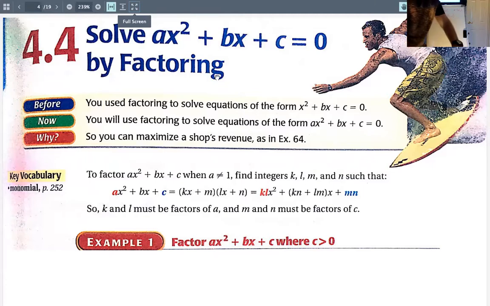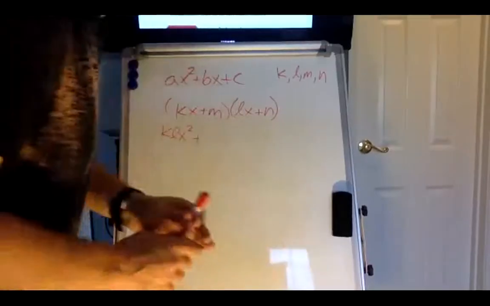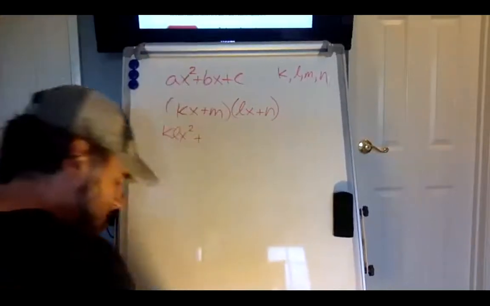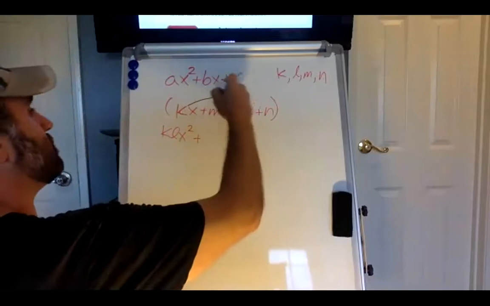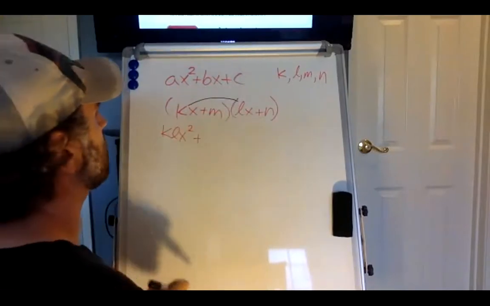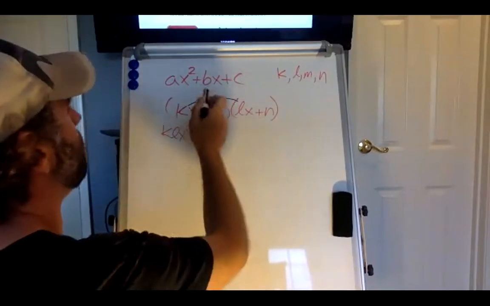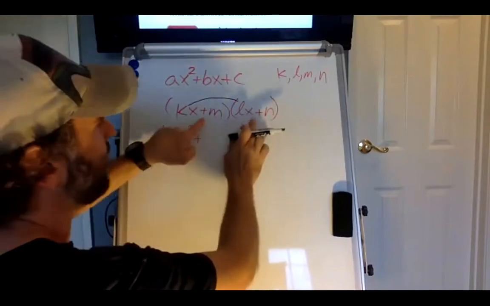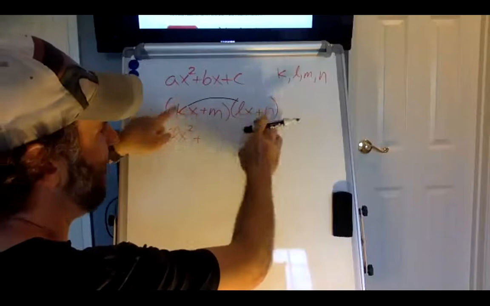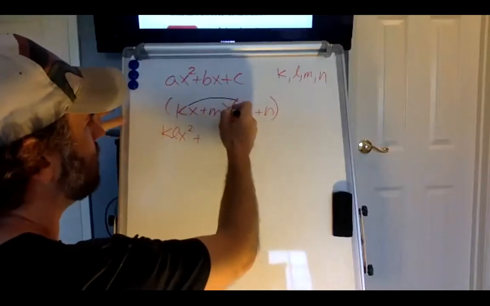Okay, I'm going to stop sharing my screen right now. So let's go ahead and expand this out together. You have this first multiplication there. They're saying that you should be able to factor ax squared plus bx plus c into these 2 binomials, which are the factors, being multiplied.